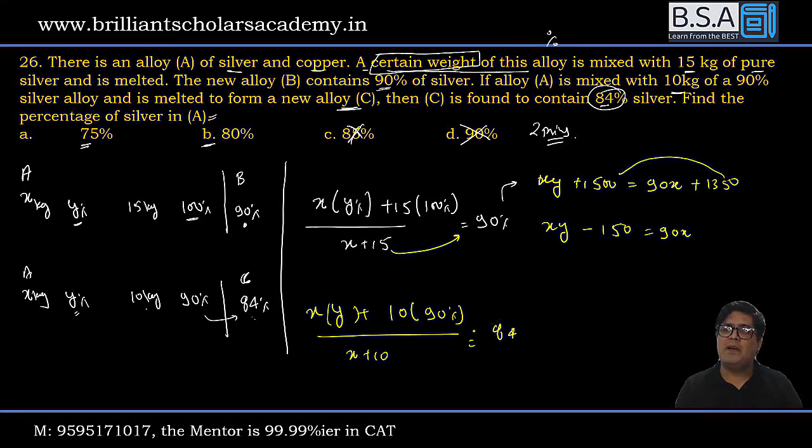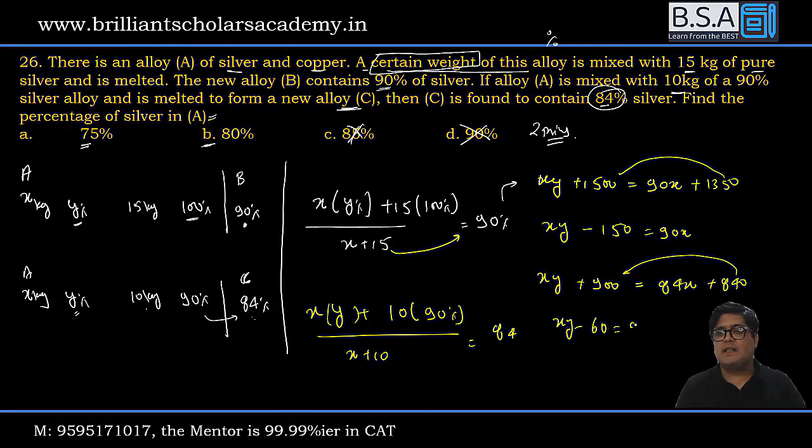Cross multiply this also. So what I have is XY plus 900 is equal to 84X plus 840. Send this across. What I have is XY minus 60 is equal to 84X. Now see, in one step, you see.